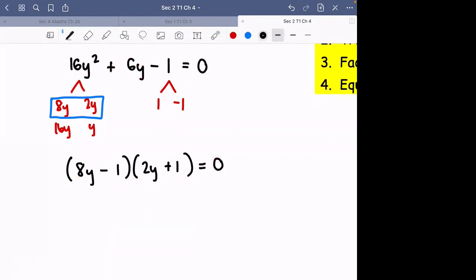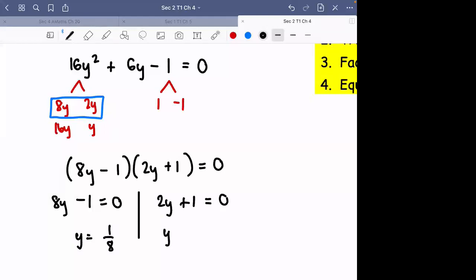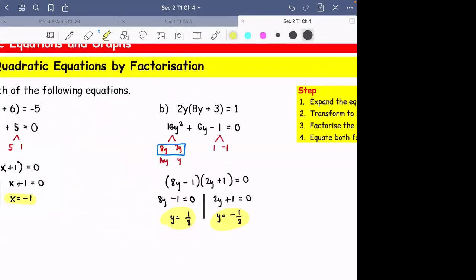So we equate each factor to 0. We have 8y minus 1 equals 0, and 2y plus 1 equals 0. So y here is equal to 1 over 8, and y here is equal to negative 1 over 2. That's your answer for letter B.